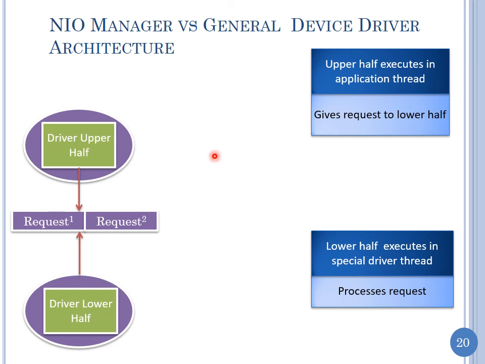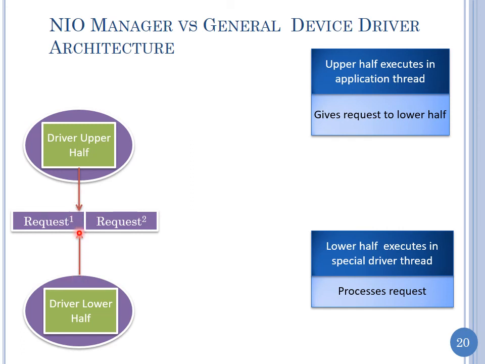Let me give the answer by making the analogy with the upper and lower halves of a device driver. Remember, the lower half is executed by interrupt threads. The upper half is executed by application threads. So what this does is it gives requests to the lower half. When this happens to be, say, a get call, the request is please tell me when you get data.